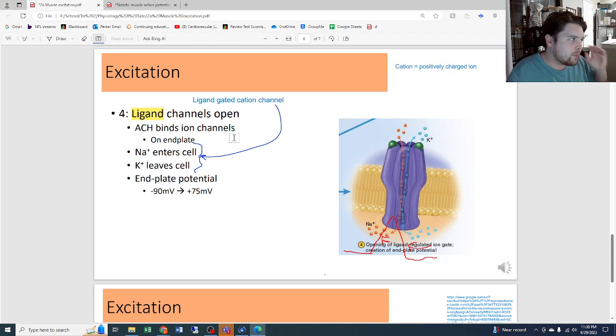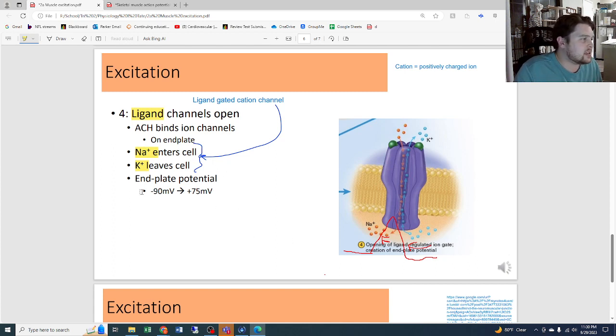And for the purposes of this class, we only really get into the sodium and the potassium, but technically, yes, also calcium and other cations do flow through some of these channels as well. Out of the 99%, like 1% might be calcium that's flowing through here. So we just focus on the sodium and the potassium entering the cell and the potassium leaving the cell.